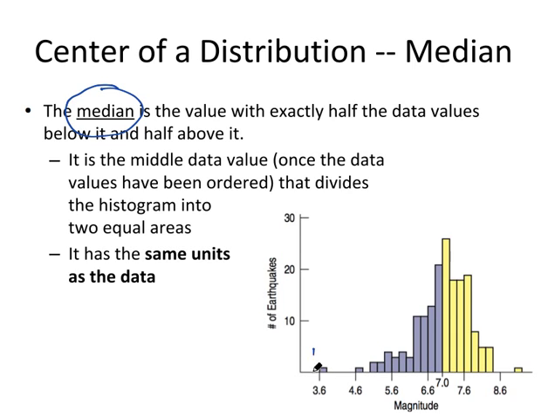From here to here is the same number of pieces of data as from here to here. So you include the outliers in that, okay? So it's the middle data value. It has the same unit, so make sure that you understand that as well. If you have an odd number, you just count in the same from both. If you have an even number, you take the middle 2, and it's the average of the middle ones.